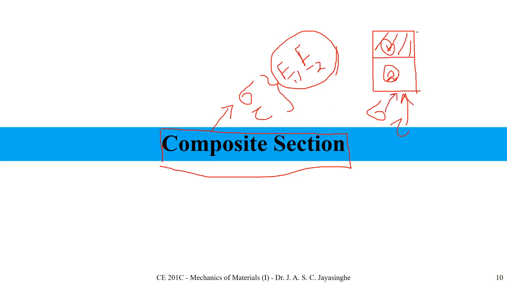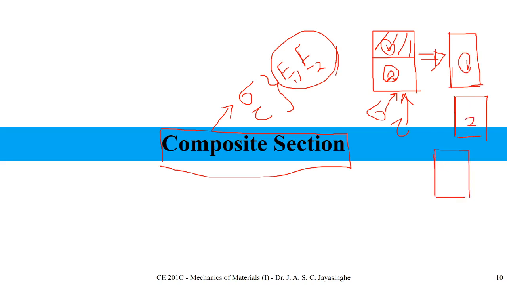What we are going to do is convert this to one type of material. You can convert the whole section to material number 1 or material number 2, or otherwise convert the whole thing to another material like material type 3.